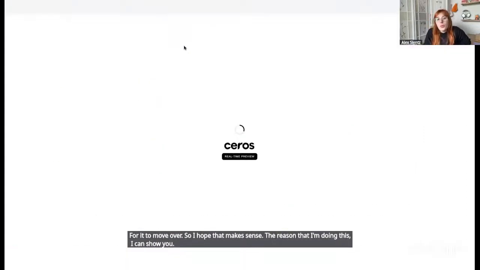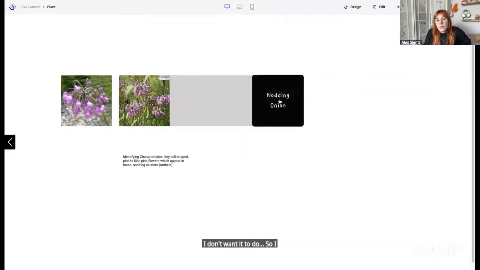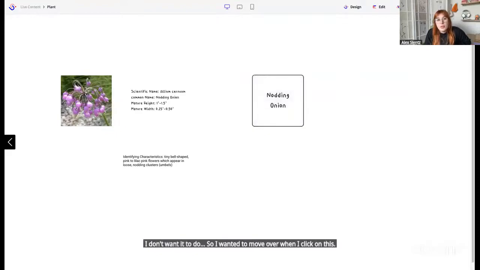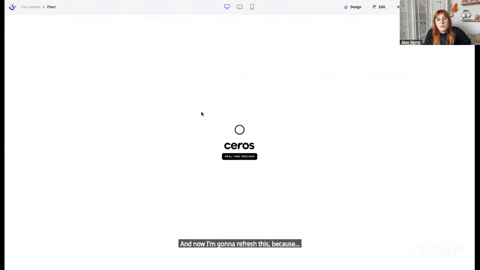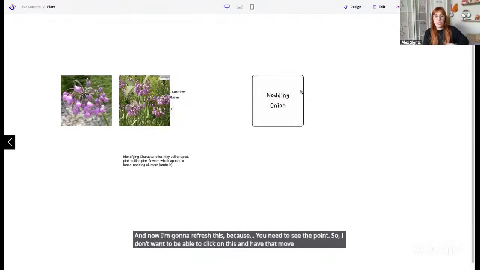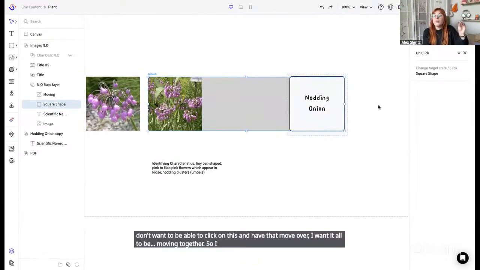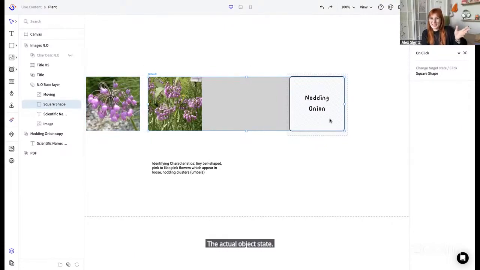I want it to move over when I click on this. And I'm going to refresh this because you need to see the point. So I don't want to be able to click on this and have that move over. I want it all to be moving together. So I'm removing that from the interaction, but it doesn't remove it from the actual object state. I hope that makes sense.